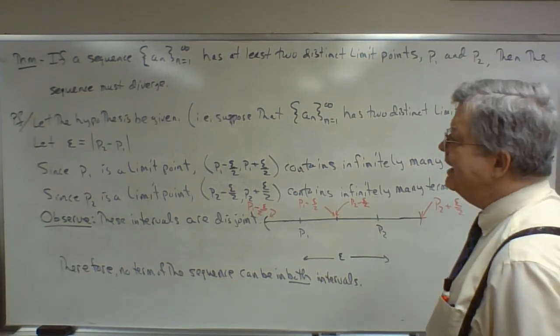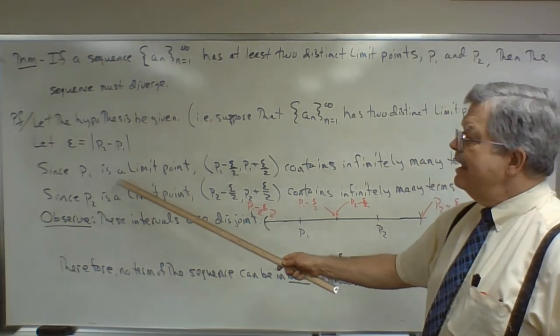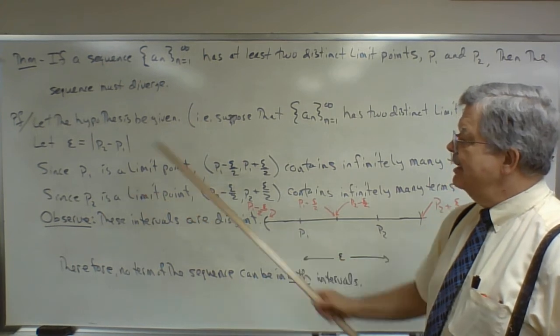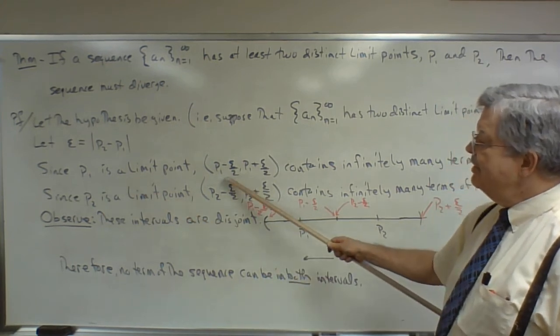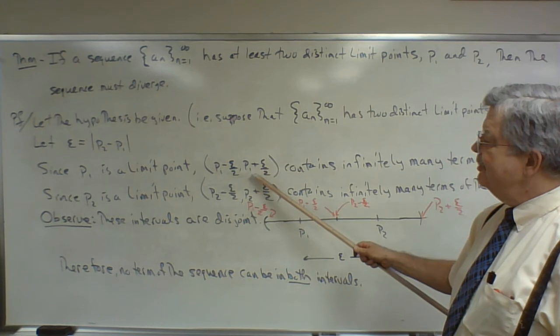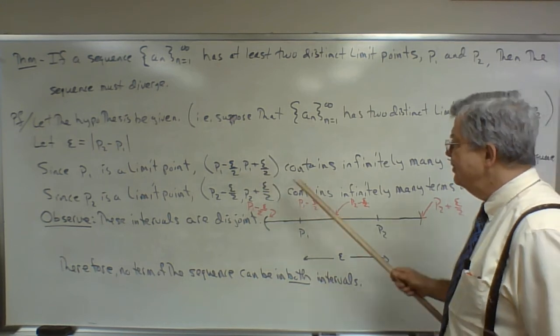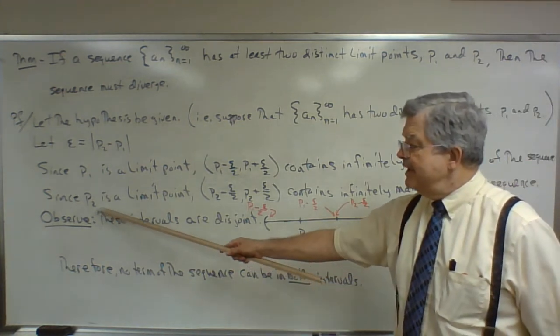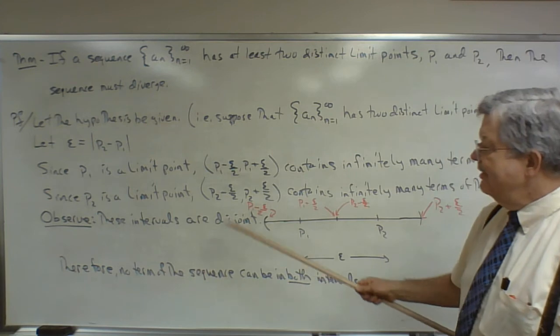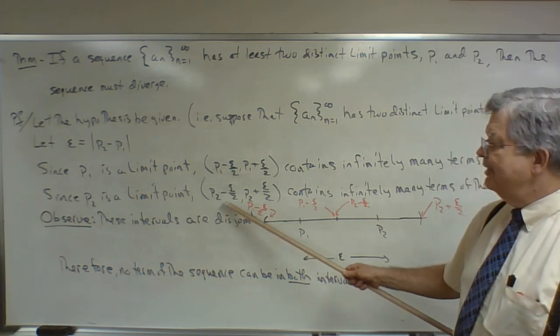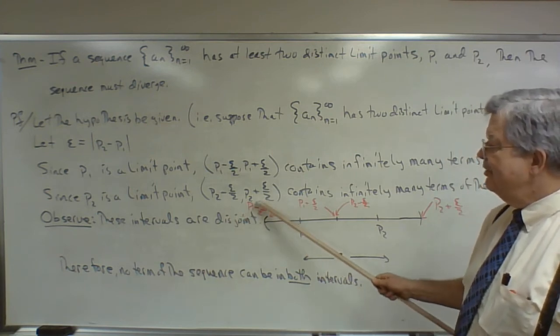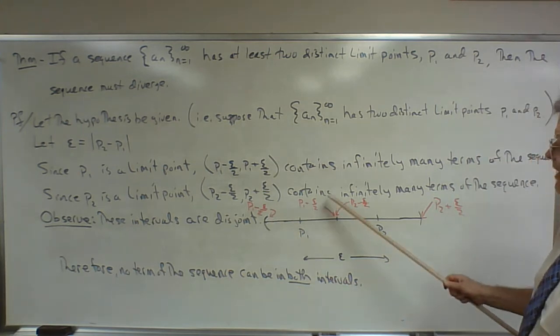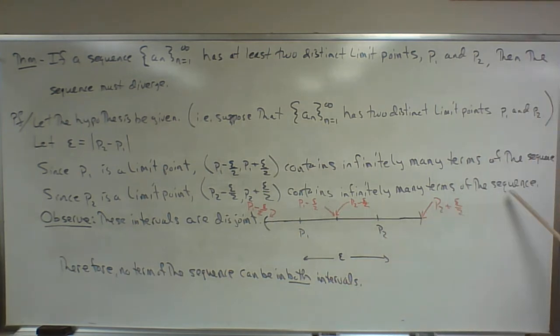Okay, we're back. We had established that since P1 is a limit point, the interval P1 minus epsilon over 2, P1 plus epsilon over 2 contains infinitely many terms of the sequence. And similarly, since P2 is a limit point, the interval P2 minus epsilon over 2, P2 plus epsilon over 2 contains infinitely many terms of the sequence.